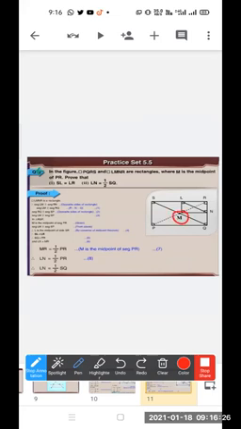We have to prove that SL is equal to LR.